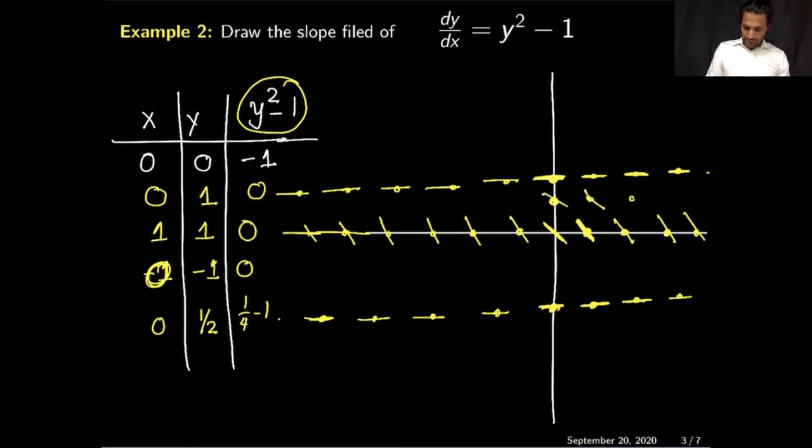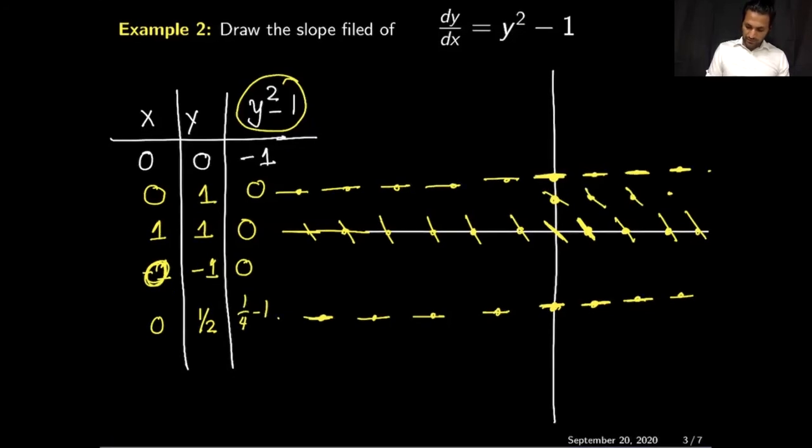And as long as y is 1/2, all the tangent lines are going to have negative slope. So I'm going to draw a negative slope here. Similarly, if you take y equal to negative 1/2 and plug in here, you again get 1/4 minus 1, which is negative. So you get a negative slope here also.